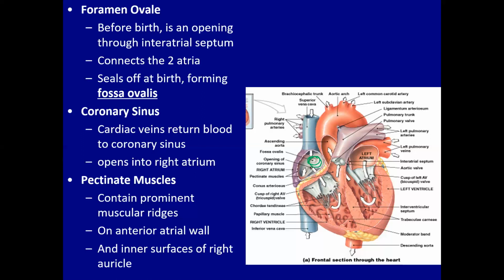That's not how that works. As a matter of fact, your lungs are flat. They're not even inflated at all. So you have to bypass the pulmonary system before you're born. And this bypass of the pulmonary system occurs because of the foramen ovale.